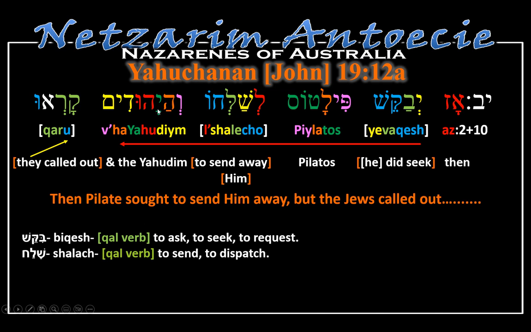Ha Yehudim, and the Yehudim, the Jews, karu, which is they called out, because we know kara means to call out. Then Pilate sought to send him away, but the Jews called out. And of course I've repeated shalak down there, which means to send, to dispatch.